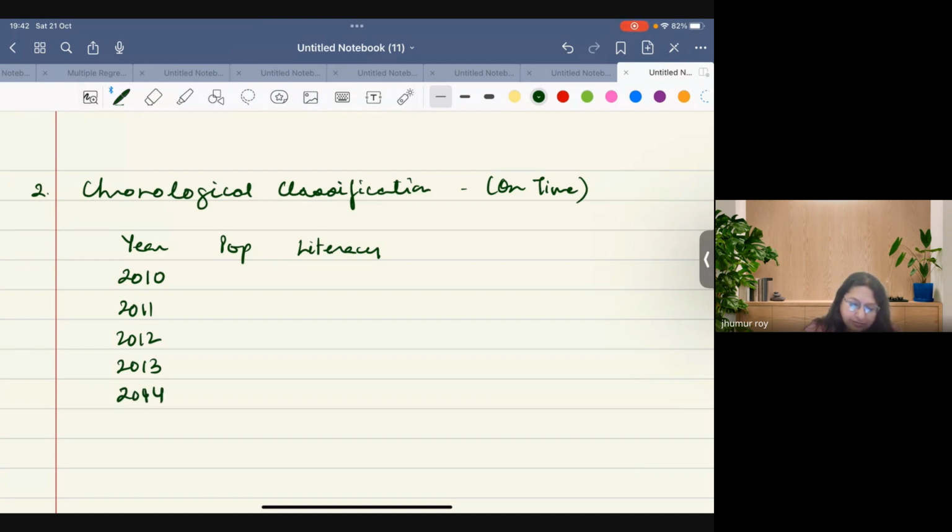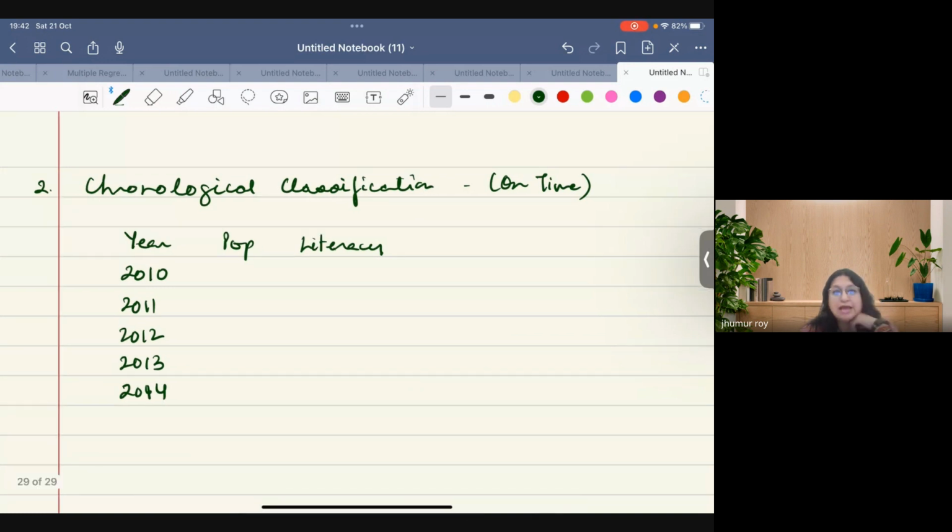Here I'm not identifying which city. Okay, here I am just writing population. So suppose I say that I want to talk about India. So I want to see over a time period, has population increased, or has literacy increased, and whether there's a relationship between both of these.